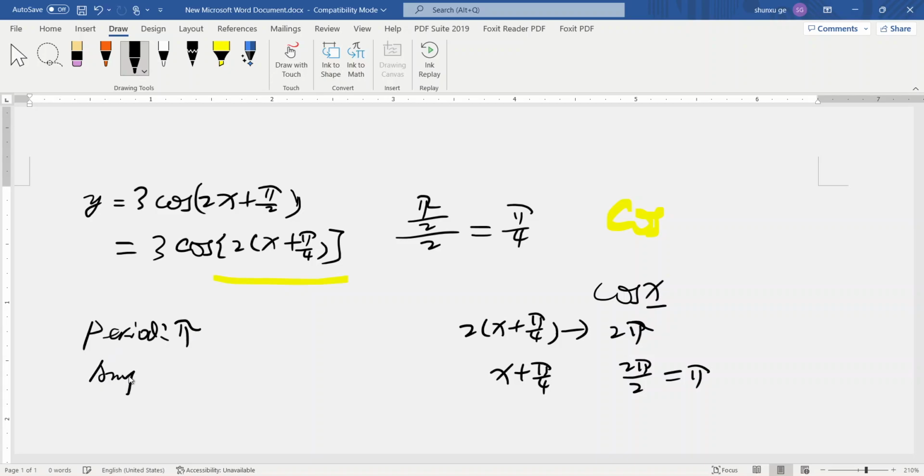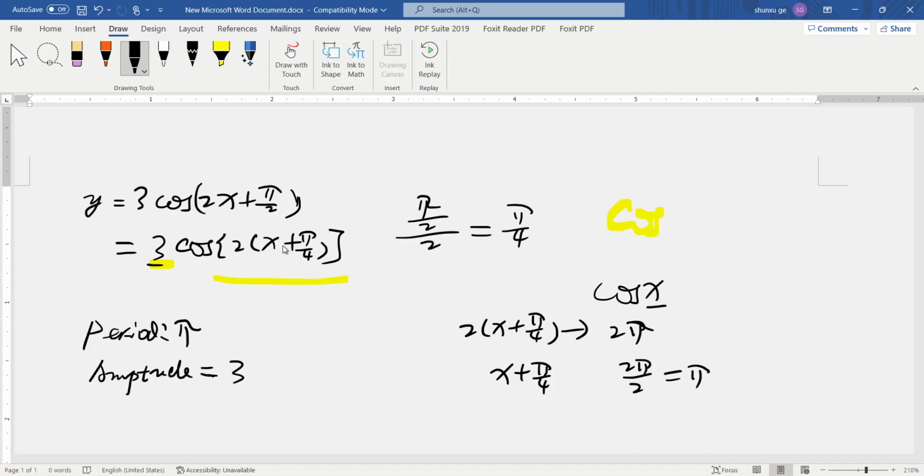Amplitude is here, 3. Any number here is the amplitude, maybe it's 3, maybe negative 3, maybe 1 over 2 or something. Anyway, just copy this number, it is 3.